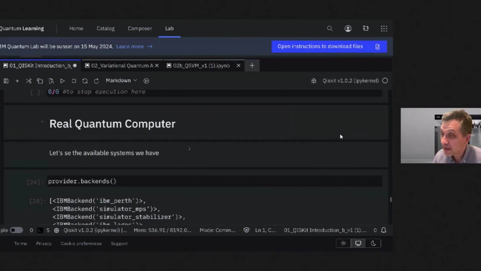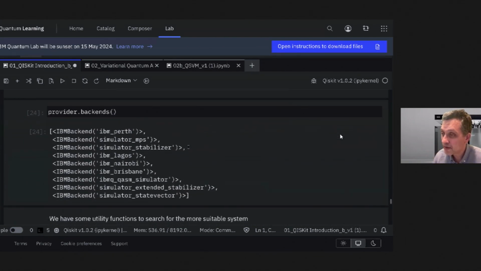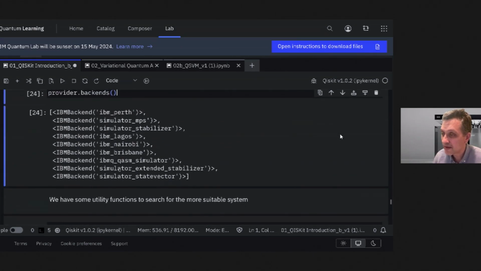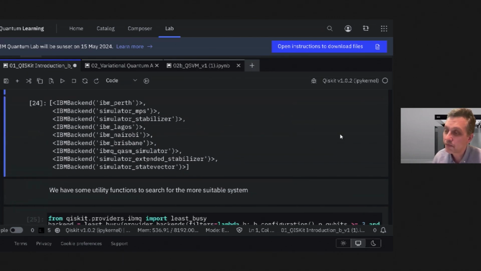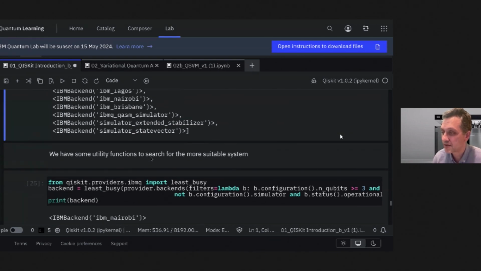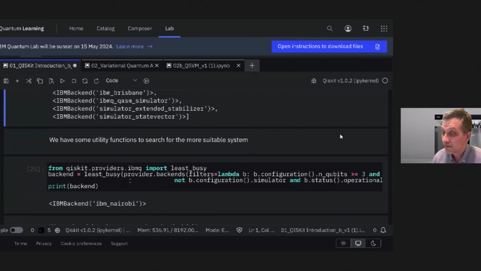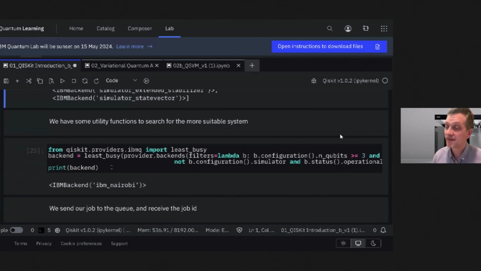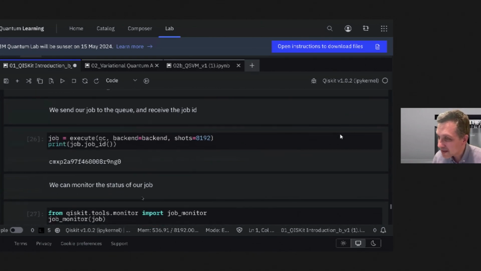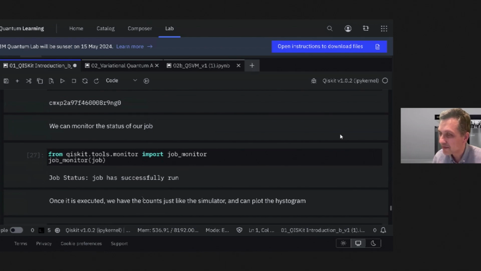If we want to run this in a real computer, we can get the available backends, the different computers. We have real computers and simulators with big resources in the cloud. And we can find the least busy system. I have this already executed because it could take some time in the queue.